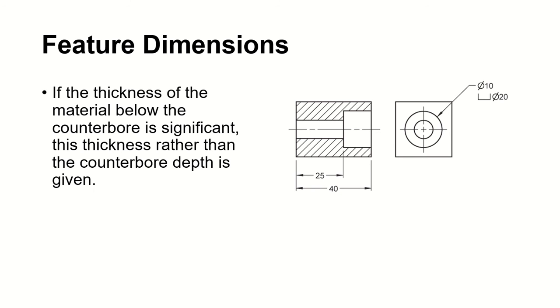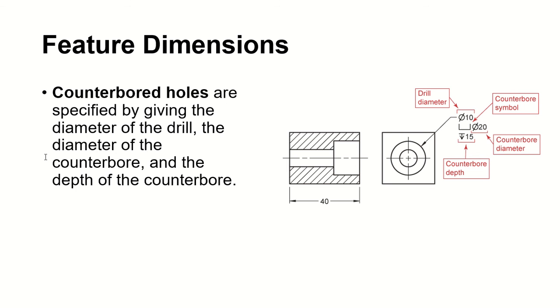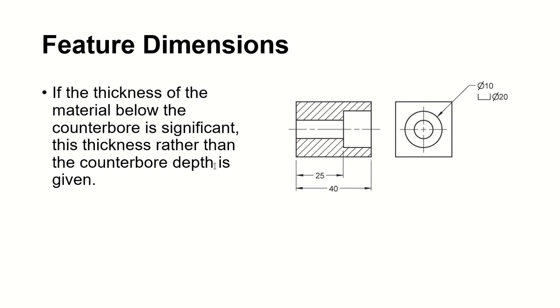In this example, your thickness isn't significant, so only 15. Here in this one, your thickness is significant because it is 25. So when the thickness below the counterbore is significant, like 25, you give that thickness instead of the depth.